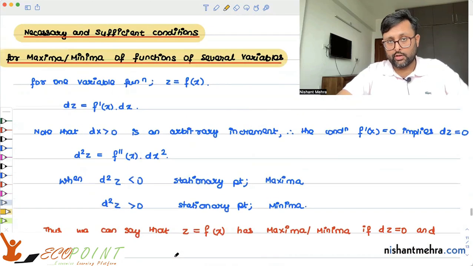You'll be using this a lot, that del f by del x equals 0 and del f by del y equals 0 simultaneously. And I've told you the reasoning why they have to be simultaneously equal to 0. So in the next class, I'll give you an example of the necessary and sufficient conditions using a numerical example so that you understand it better, right? Thank you.